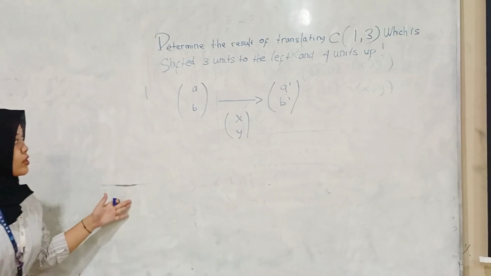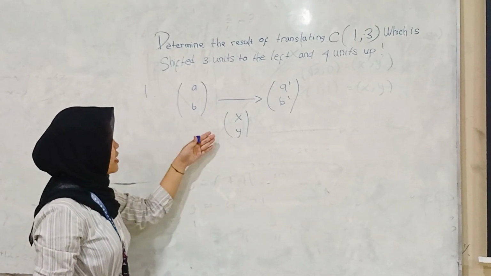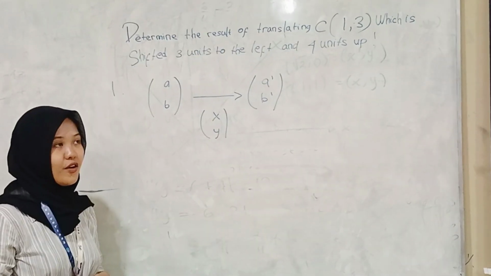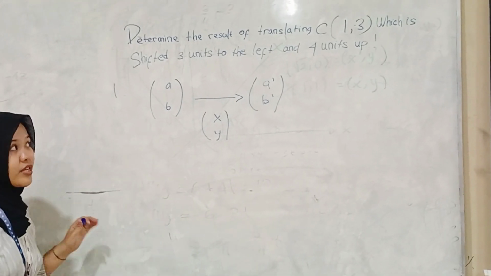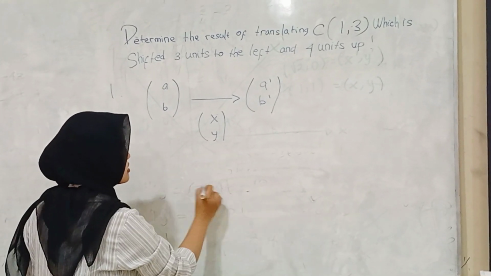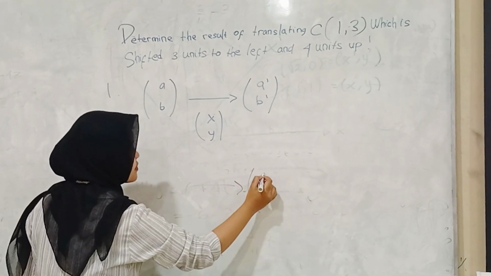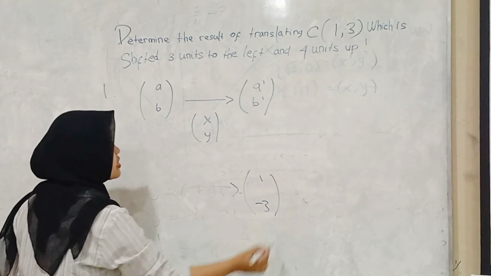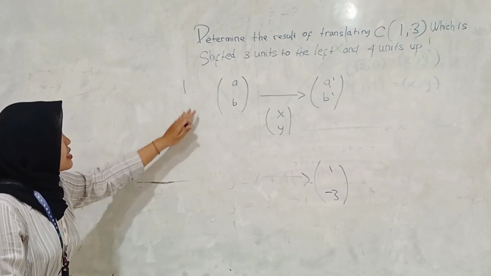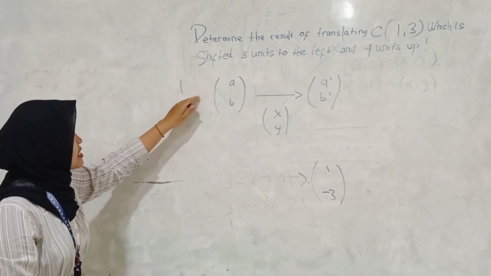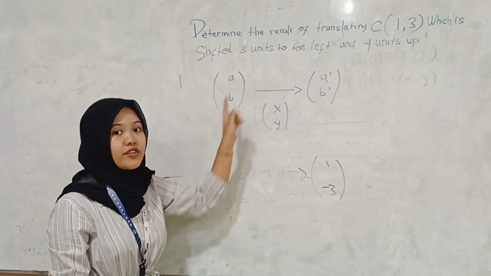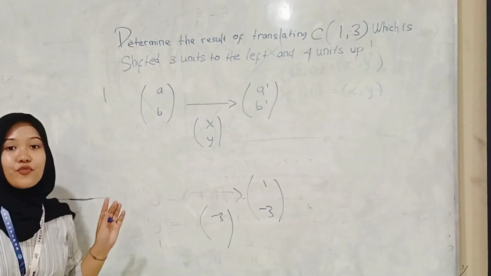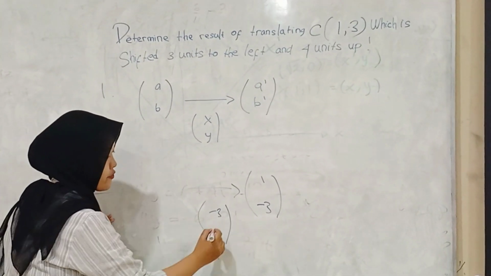The formula is (a, b) translated by (x, y) becomes (a prime, b prime). From the question we know that C is (1, -3), so we write it down as 1 and minus 3. The translation is shifted 3 units to the left, that means negative 3, and 4 units up, it means positive 4.